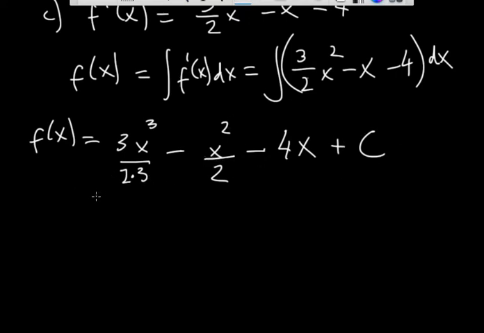Let's first tidy this up a little bit because it's really messy. This 3 is going to cancel with that 3, and I'm going to get x cubed over 2. And I have here x squared over 2, and here minus 4x, and this plus c.